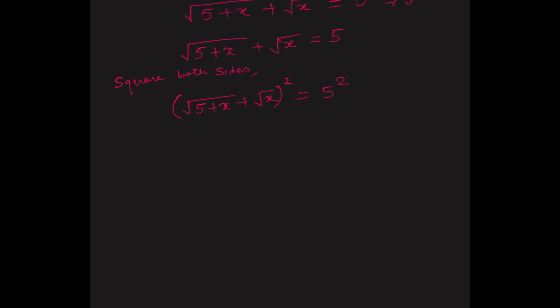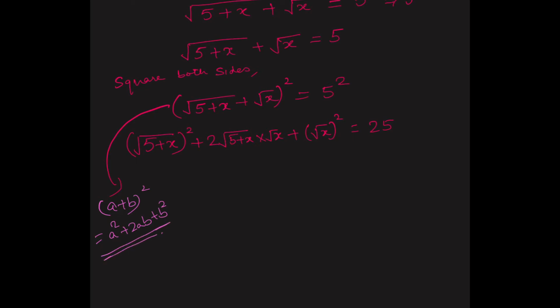Now, when we open the square, we will get square root of 5 plus x whole squared, plus 2 times the first term times the second term, plus the square of the second term. I hope you remember the formula: a plus b whole squared is equal to a squared plus 2ab plus b squared. If you don't know it, it's a really important formula to memorize.